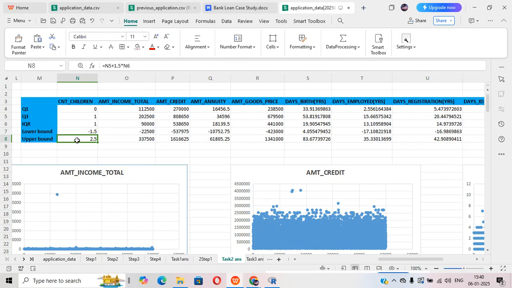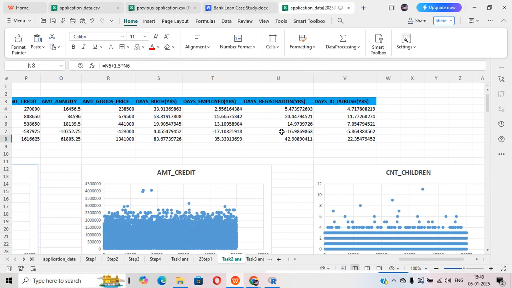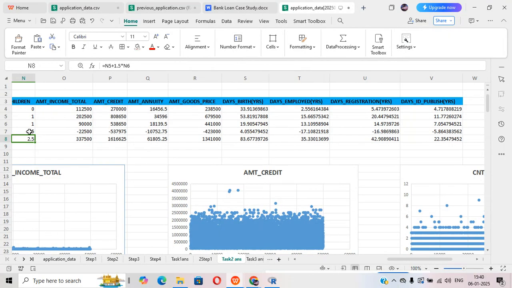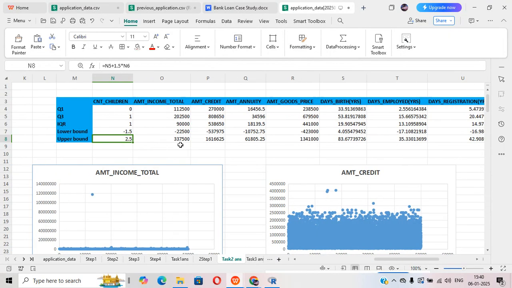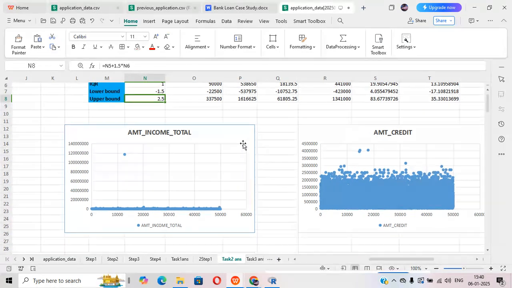And for the upper bound, I multiplied 1.5 into IQR and added it to the third quartile. So I get the values like this, and after that I made charts for this.